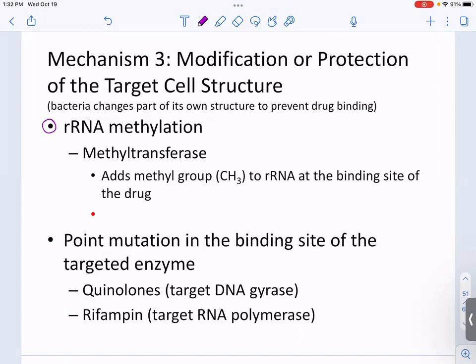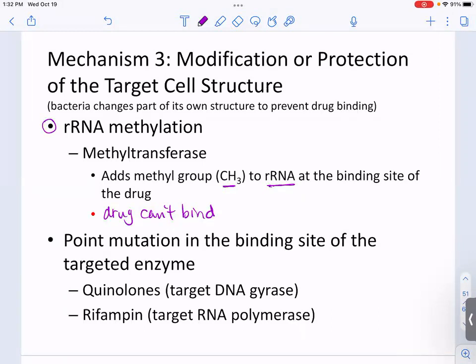So remember, that's a methyl group, CH3 group. It might just methylate a little bit of the ribosomal RNA. And again, now the drug can't bind. Okay, so it's not methylating the drug, it's methylating itself.